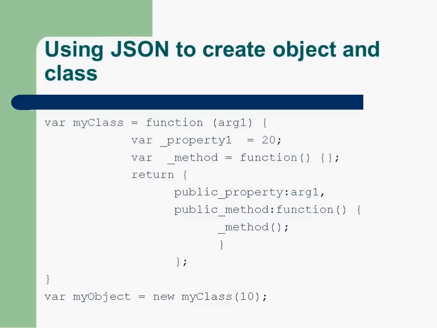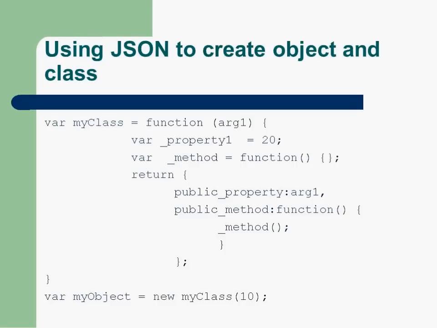And then more ways of creating objects and classes using JSON notation. So you say my class is a function. You pass arguments; those are constructor function arguments. Some properties, using that closure thing, is JSON basically.